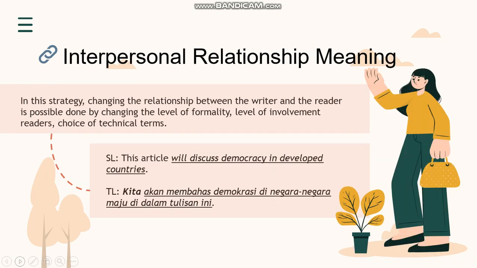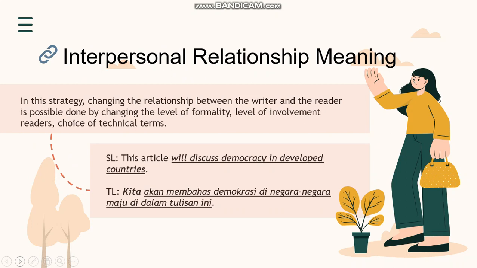Okay, the third pragmatic strategy is interpersonal relationship meaning. In this strategy, changing the relationship between the writer and the reader is possible by changing the level of formality, level of involvement of readers, and choice of technical terms. So let's see the example.